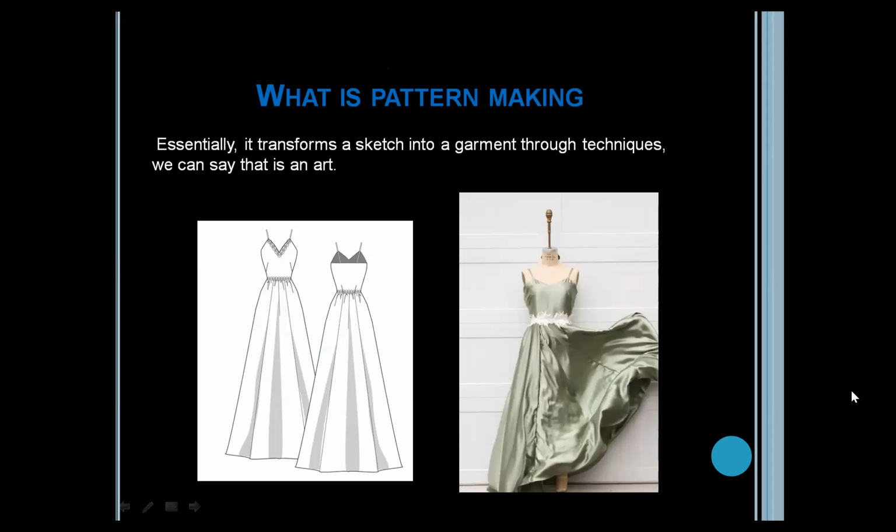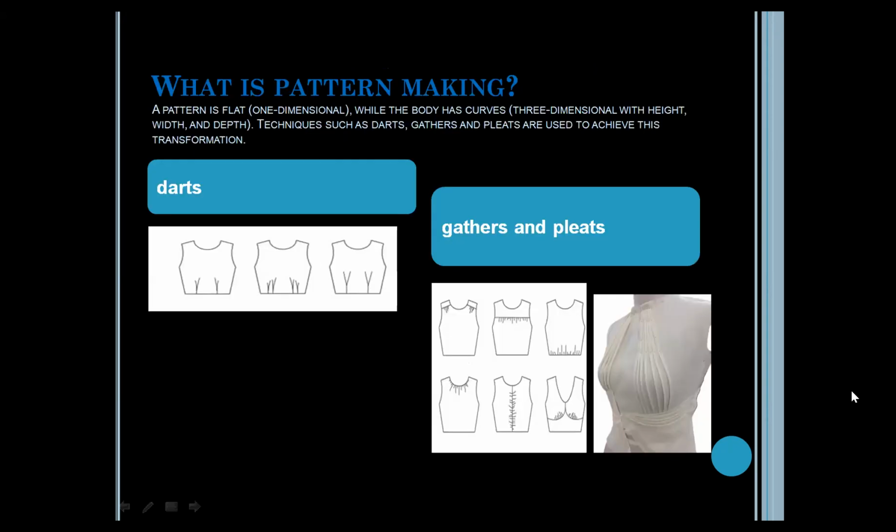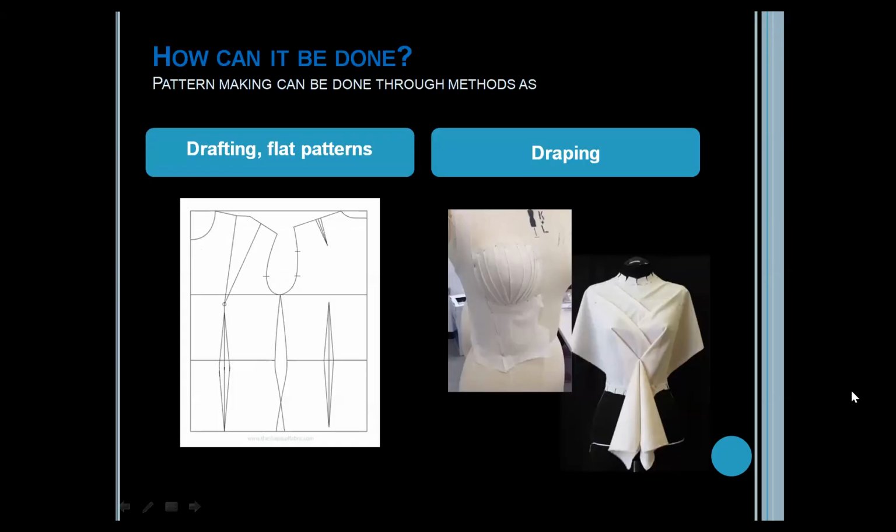You see a sketch and it becomes a dress. 1 dimension, 3 dimension. That's a technique. It's happening with a draft, gather, pleat, or use of all of them together. You will see how the patterns have transformed and fit to the curves of the body.